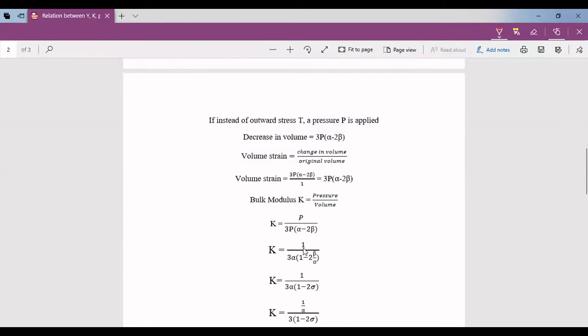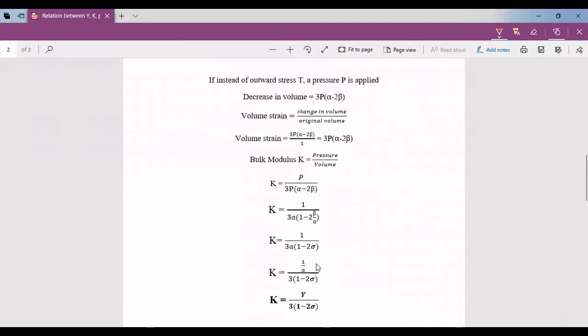Therefore, K is equal to 1 by, P and P get cancelled, and we can take alpha outside the bracket. So K equals 1 by 3 alpha into 1 minus 2 into beta by alpha. Therefore, K equals 1 by 3 alpha into 1 minus 2 sigma, where sigma is beta by alpha. We already know this.